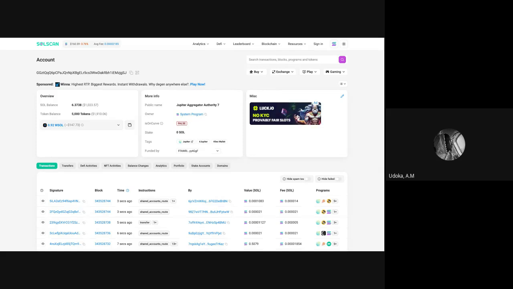If you look at any account, when you look at the more info segment on Solscan, you always have this on Curve. That's where you look at if the account is owned by someone or is owned by a program. So if you are looking at a hack, you might want to look at security. You might want to see what account is running these transactions, and you might want to look at the account itself.